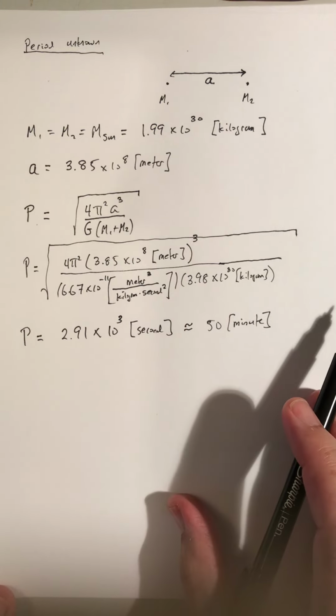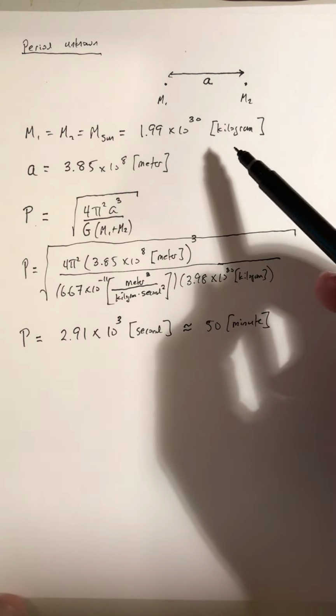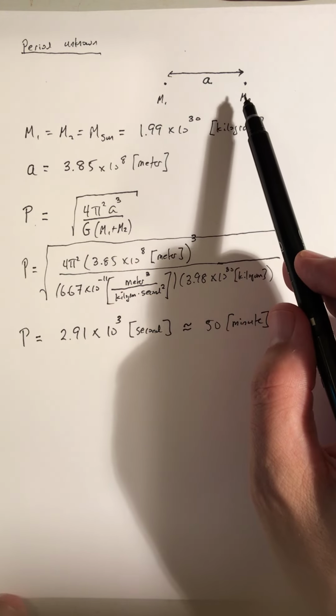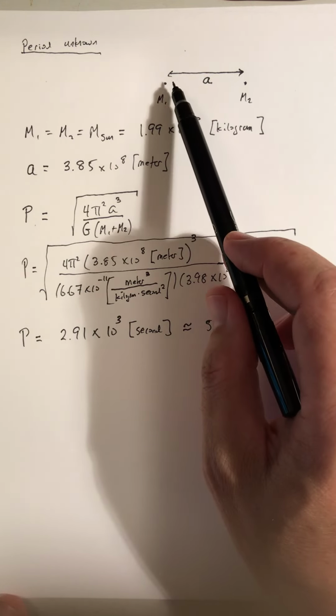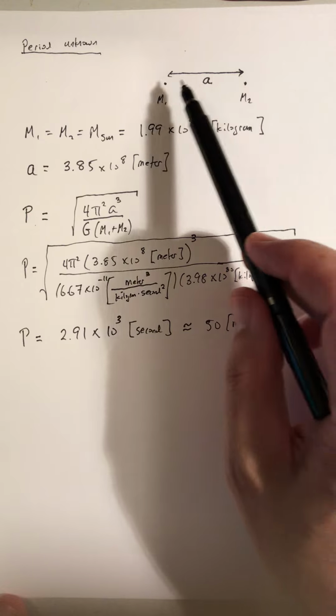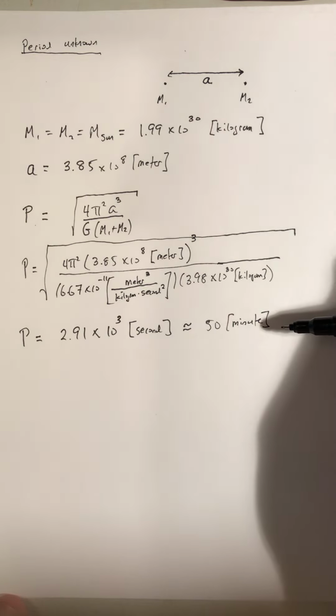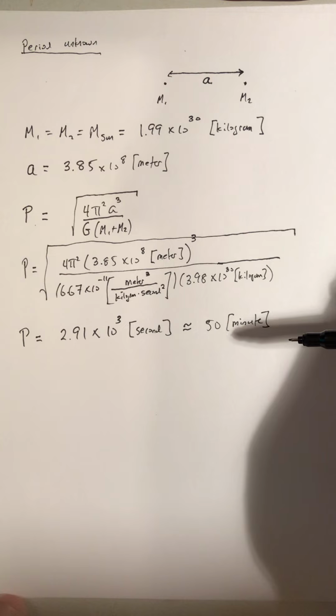So with all that increased mass causing stronger force of gravity, having two solar mass white dwarfs at the Earth-Moon separation, it's going to mean that they have an orbital period less than an hour. So instead of the moon going around the Earth in a month, we would have those two stars orbiting in 50 minutes.